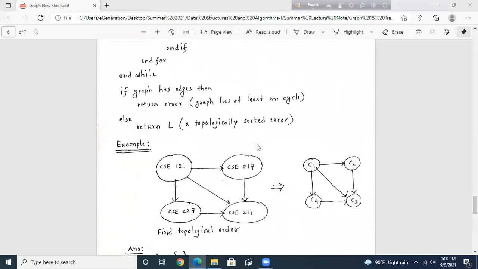Since our graph is empty, according to the algorithm, the program will go to the else branch and return L. You have to return L because our graph is empty.